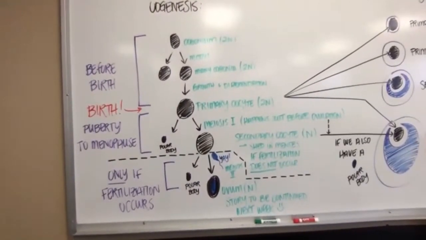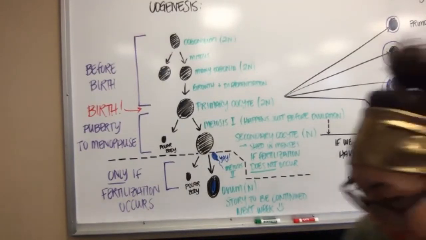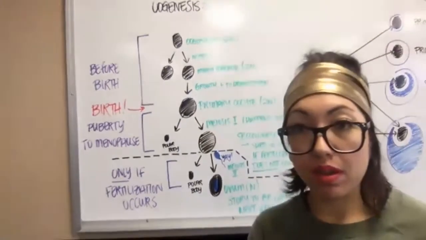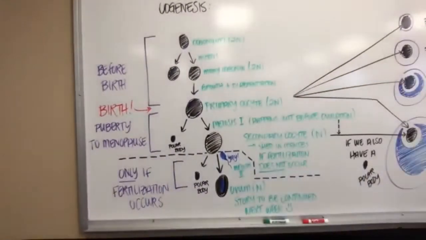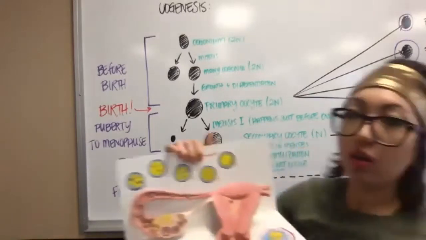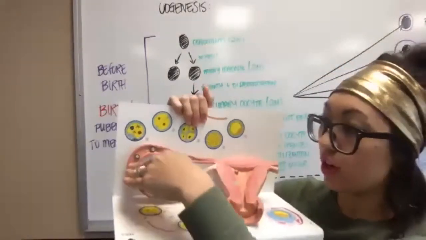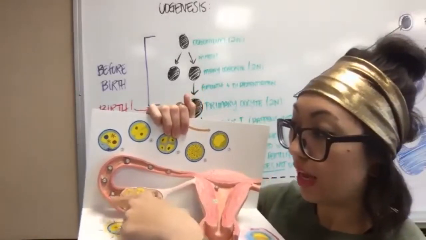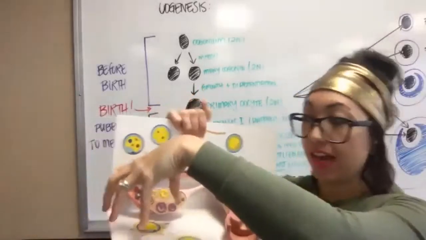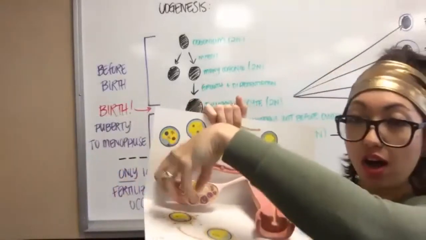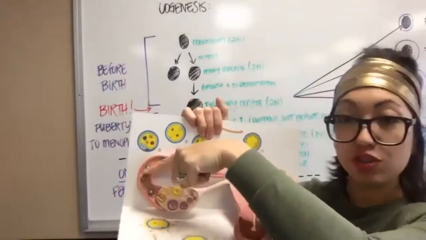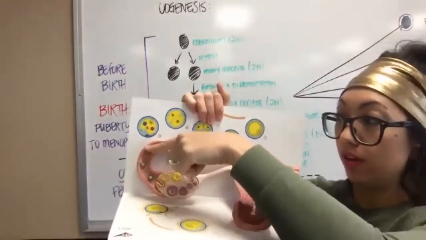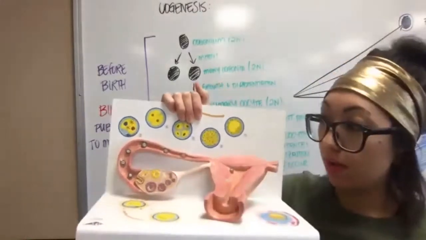But if this secondary oocyte becomes fertilized, meaning if a sperm has penetrated the egg, which would happen, so when ovulation occurs, the egg gets released from the ovary, okay? The fimbriae are going to descend and kind of draw that ovary up into the uterine tube, which is really incredible to think about.